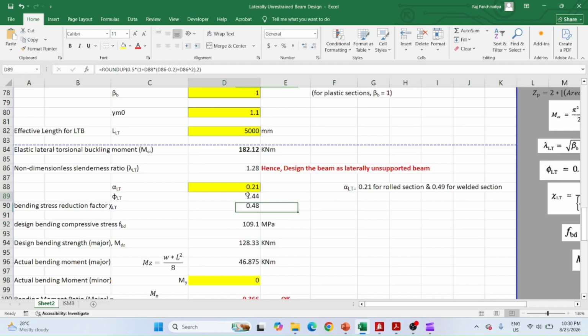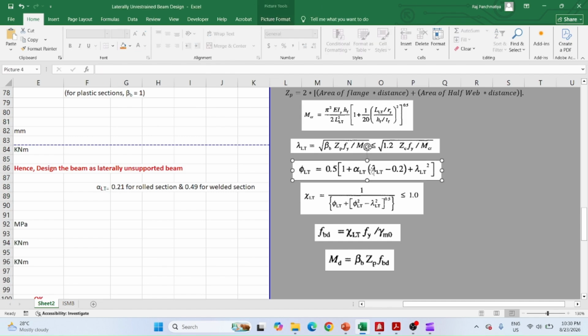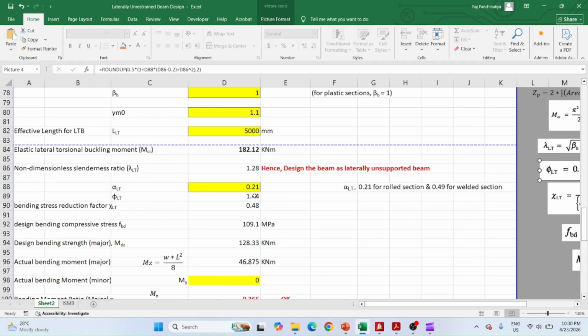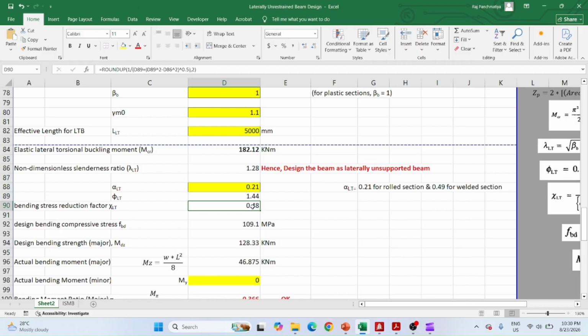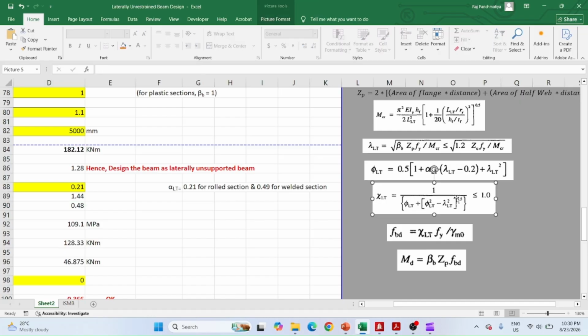The value of phi LT, you can see from the code, is calculated using the formula 0.5 multiplied by 1 plus alpha LT into lambda LT minus 0.2 plus lambda LT square. Using this formula, we'll get the value of phi LT, and finally the value of chi LT is calculated using its formula. All these formulas are given in the code, and you can also refer to my previous video on this.